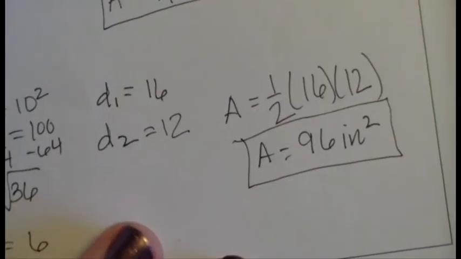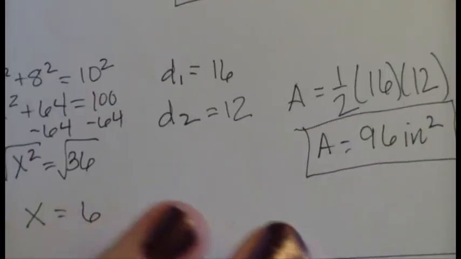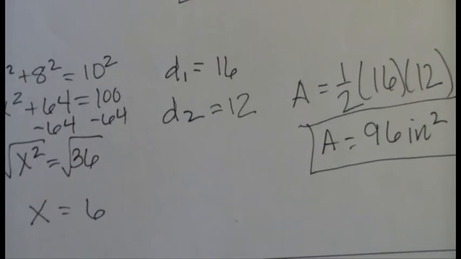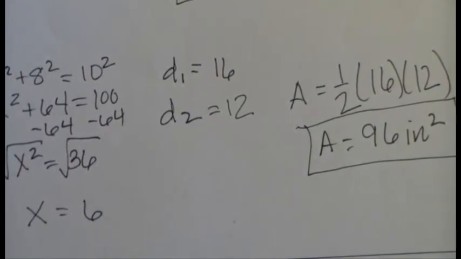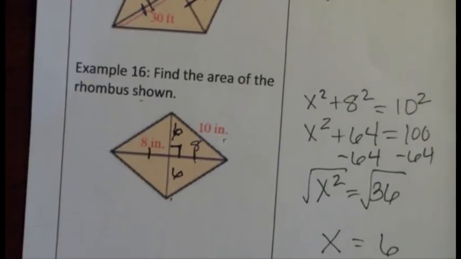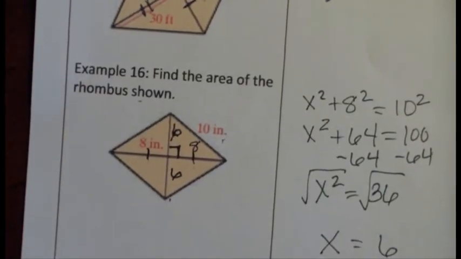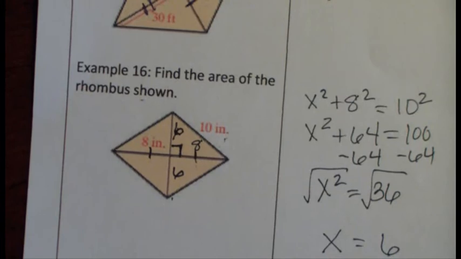So there you go. When you're doing these problems, if you're missing any pieces of information, then they've either given you enough information to do Pythagorean theorem to find what's missing, or they've given you enough information to do special right triangles. So remember, in a 45, 45, 90 triangle, your legs are the same length, and then the hypotenuse is the square root of 2 times the leg length.